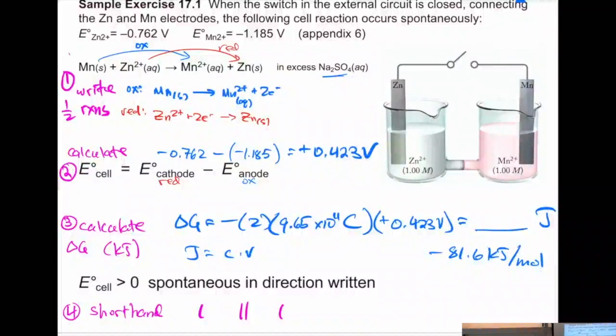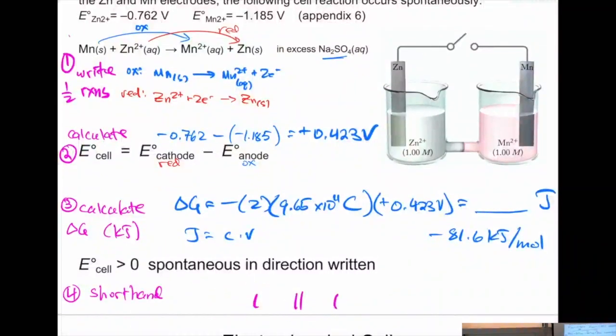Now, the shorthand is just looking at what happens at the anode on the left-hand side and what's happening at the cathode on the right-hand side. We start with the actual electrodes, so solids are on the opposite sides, and then whatever those things are in aqueous solution.